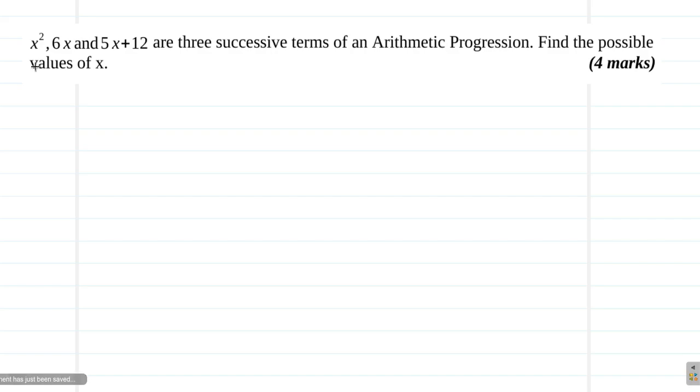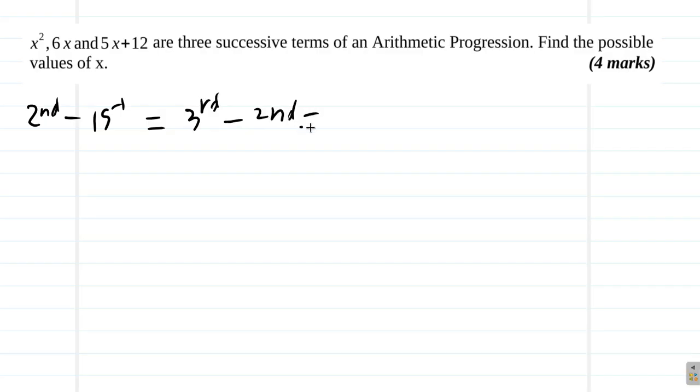Here, remember, with an arithmetic progression, the second term minus the first term would be equal to the third term minus the second term, and so on and so forth.